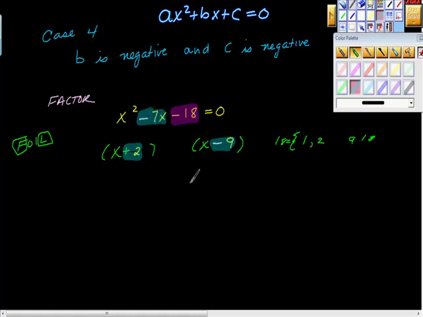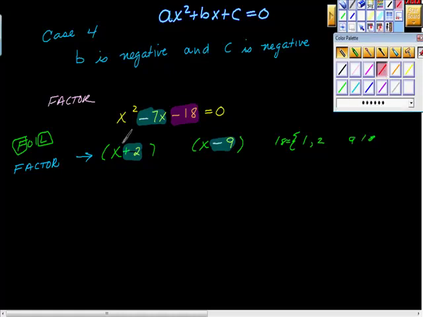It worked, didn't it? Now I'm going to tell you that these are not solutions, these are factors. Then, how can you check your work to make sure you got your answer right? Easy. Just use FOIL.